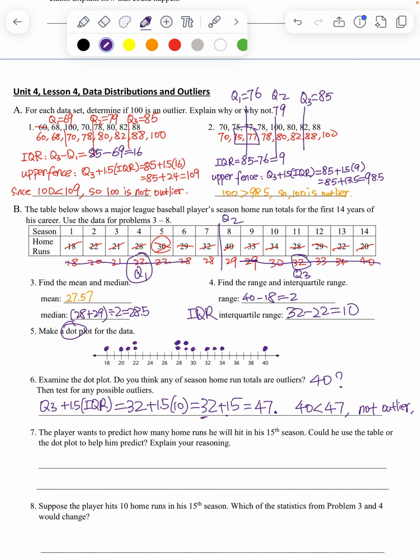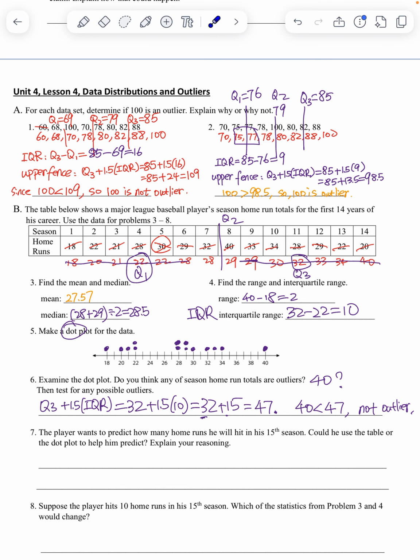Number 7, the player wants to predict how many home runs he will hit in his 15th season. Could he use the table or the dot plot to help him predict? Explain your reasoning. What do you think? Different people may have different predictions.